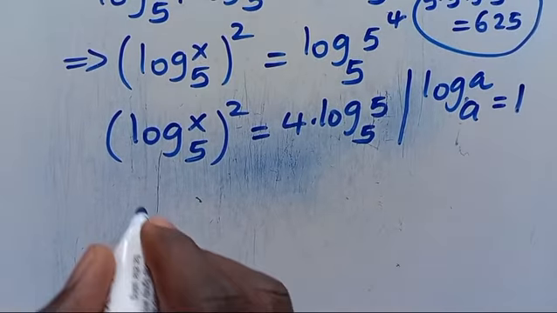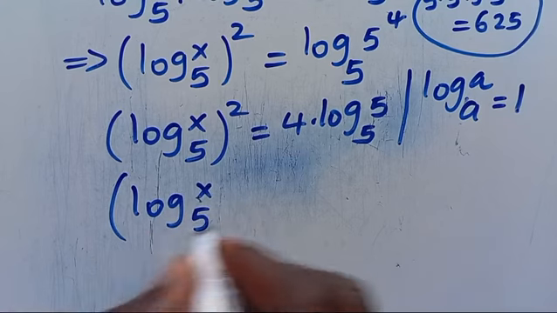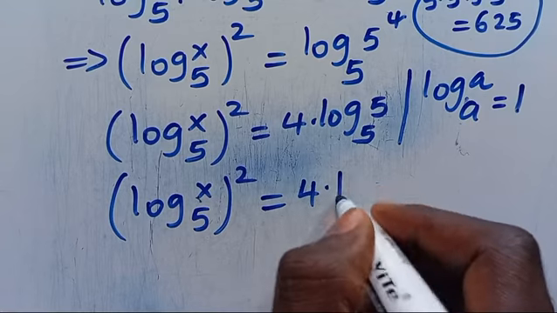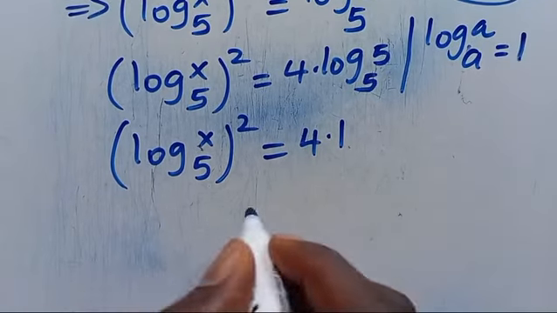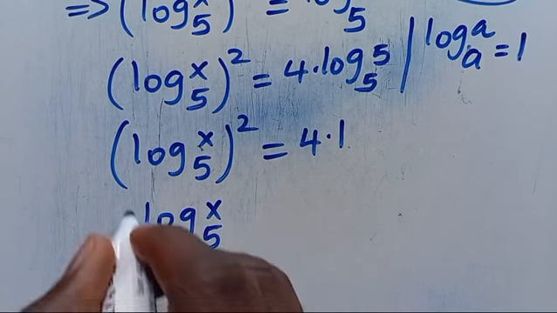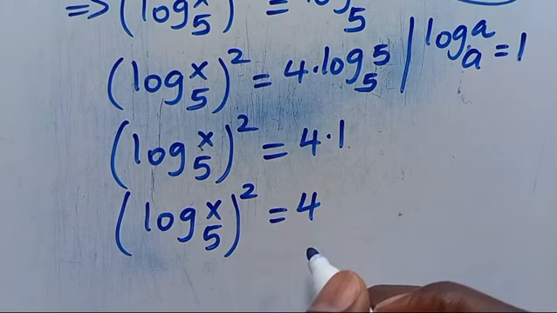So definitely we have log x in base 5 in parentheses to the power of 2 equals 4 times 1, which gives us 4. So from here, log x in base 5 in parentheses to the power of 2 equals 4.